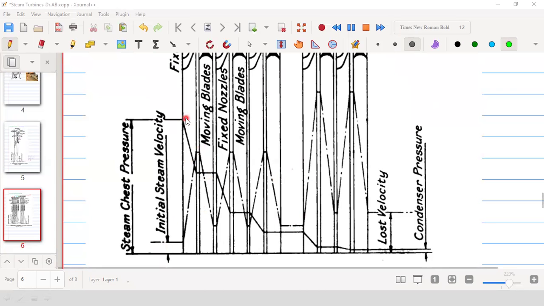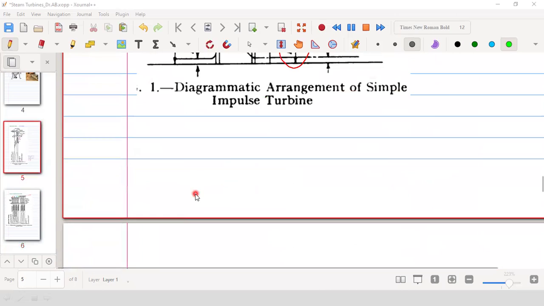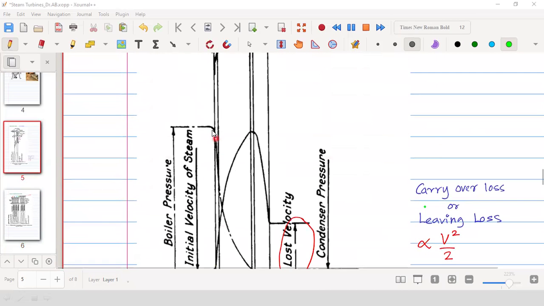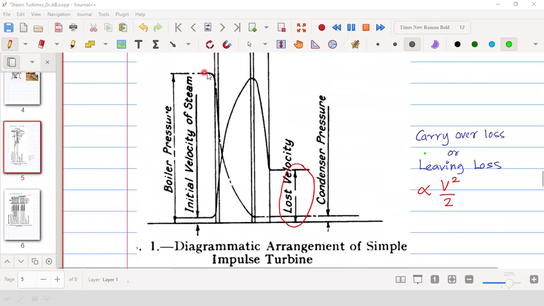So what is the difference you see here and here? In a simple impulse turbine, the pressure reduction takes place in one stage. Full pressure reduction: this is the condenser pressure, meaning the exit pressure, the pressure with which the steam will exit the turbine. This is called the condenser pressure or back pressure.